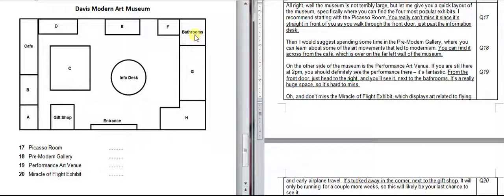Now, next to the bathrooms, we have F and G. Huge space must be G. F is actually the smallest room in this museum, right? G is maybe not the biggest, but one of the biggest ones. So G is our answer.